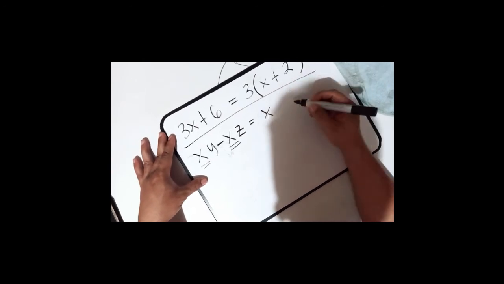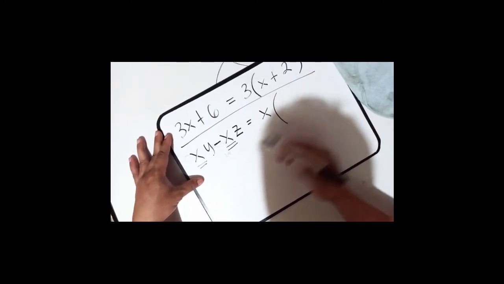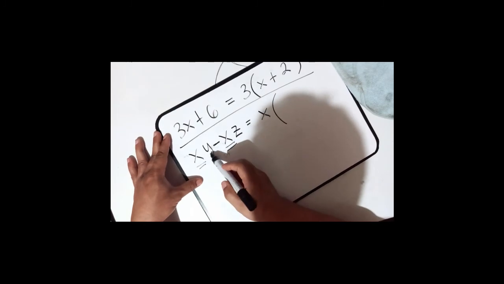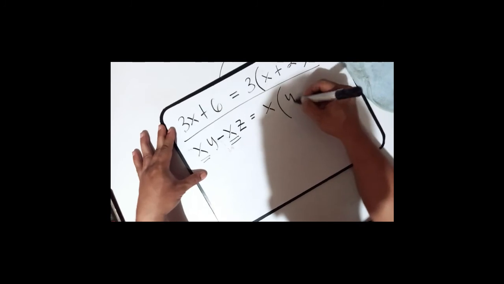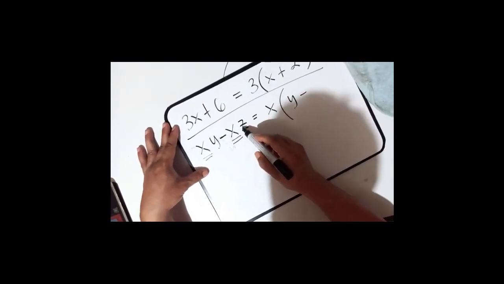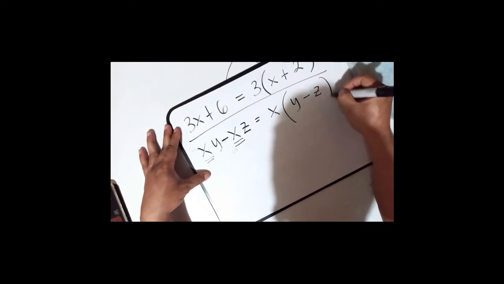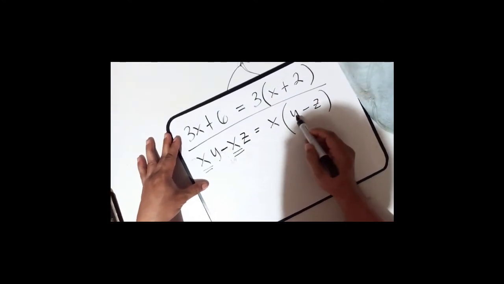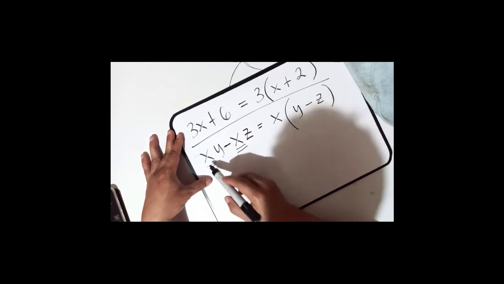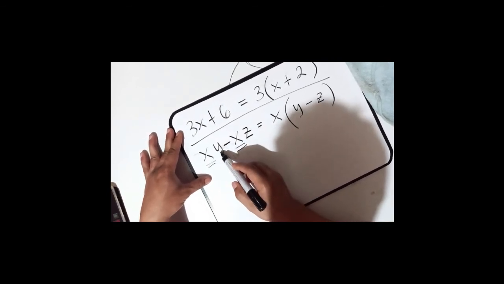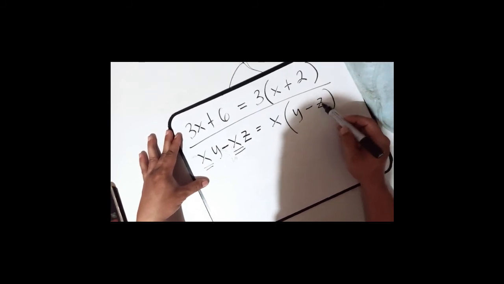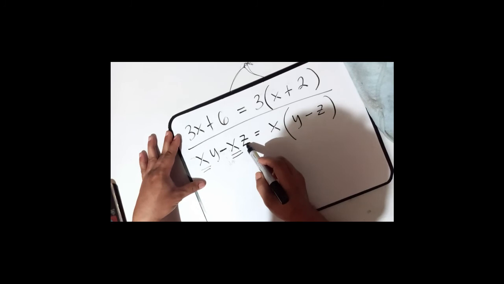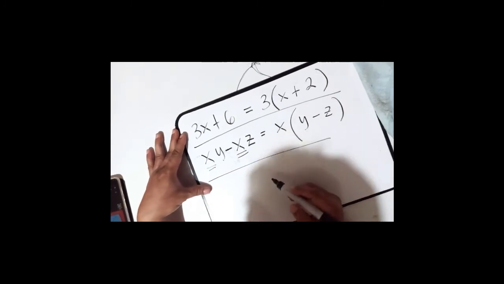So x, and then what letter should we multiply with x so that we can have this result? x times y, because we write y there, and then we have a negative here, and then we have z. So there you go. x times y, we will get xy. x times negative z, we will get negative xz.